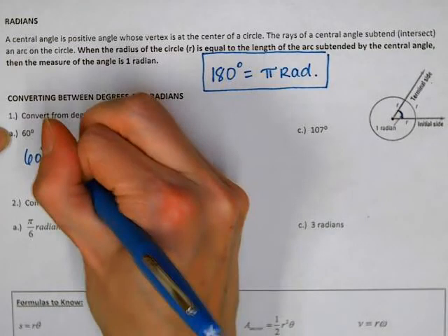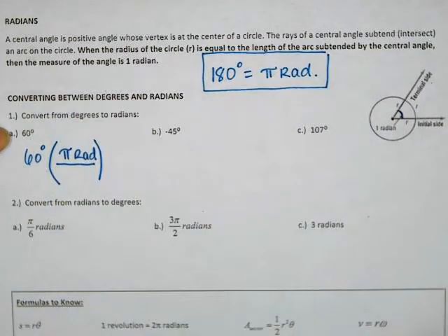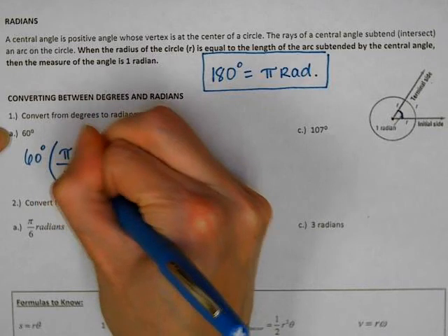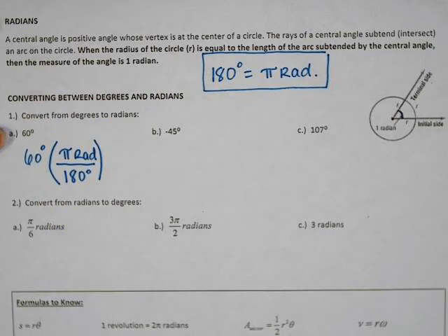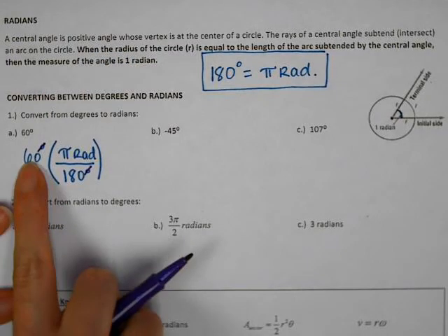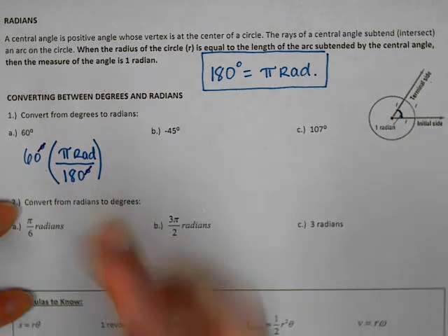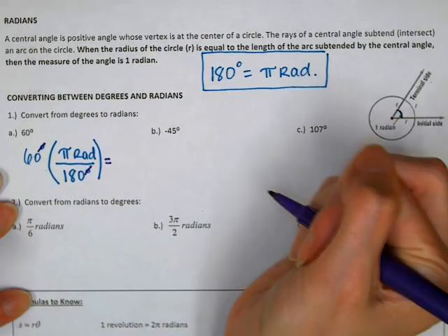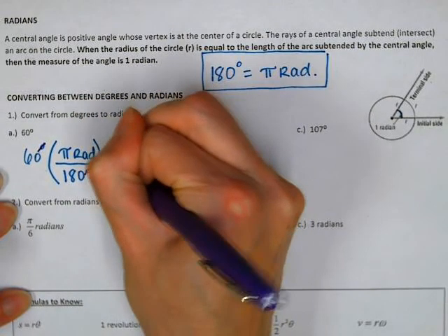There's pi radians in 180 degrees. Okay, and we're going to cancel the degrees and reduce. These cancel. And then if we reduce 60 by 180, that reduces to 1/3. So the answer is pi over 3.